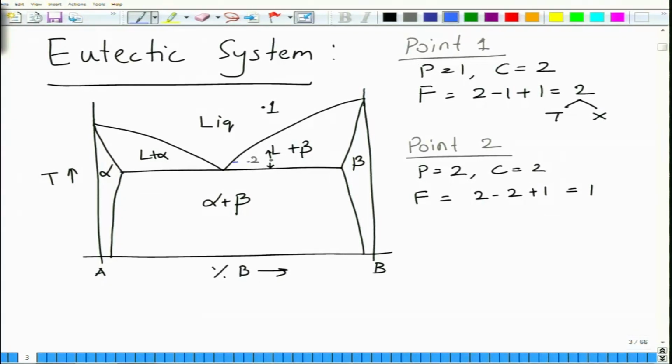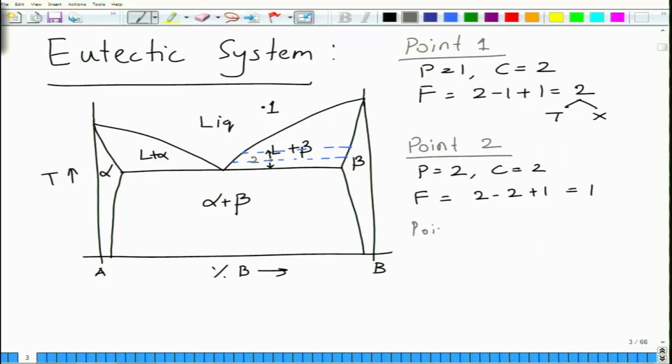For this point the composition is this, when you go that way the composition is this. Even at another point, the composition of phases remains the same. So when you change temperature, the composition is automatically fixed, and you have only 1 independent degree of freedom.